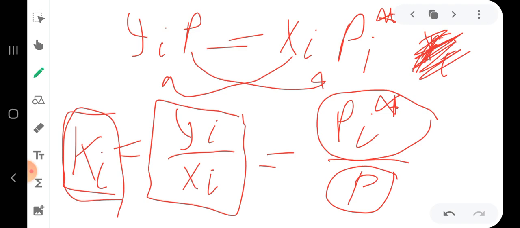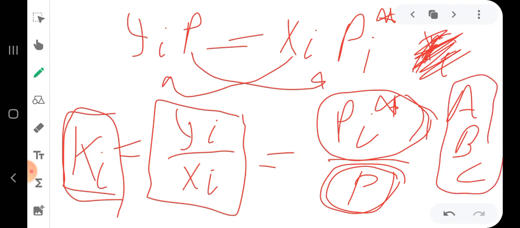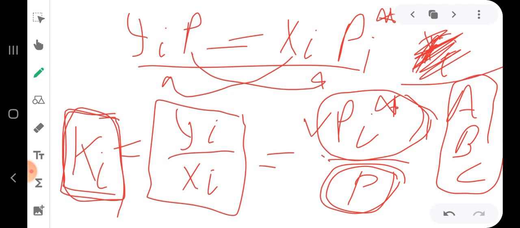Or if you have the pressure and, for example, the temperature and A, B, C, the coefficients of the Antoine equation, you can use them to get the Pi sat. Okay, so you don't have to be given this distribution coefficient, you can find it indirectly using Raoult's law or the modified Raoult's law with activity coefficient.